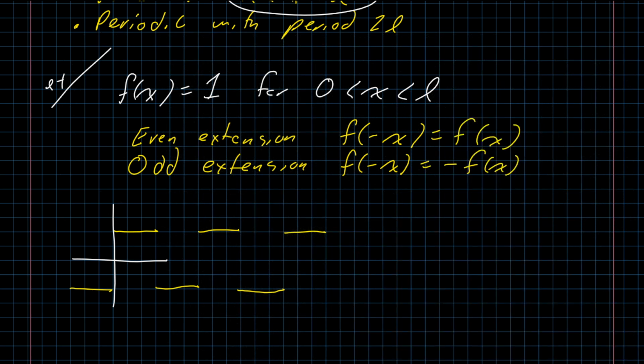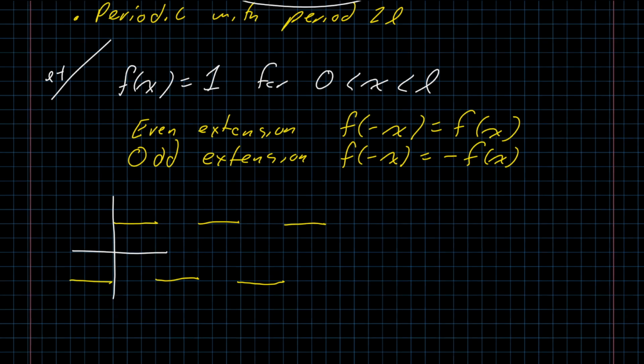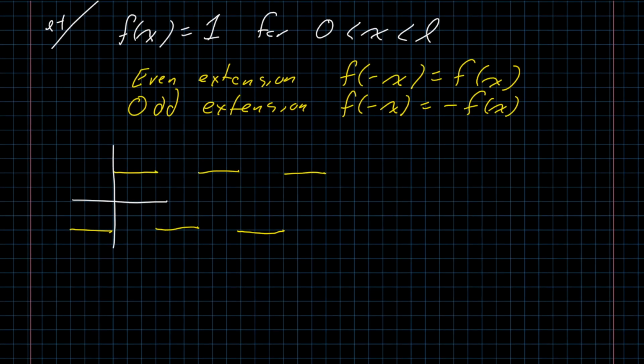First, I need to figure out a way to write out this odd extension. I can't just say it's the odd extension of f of x equals 1, but maybe I can put something a little bit more clear into this. Well, between 0 and L, I got out the value of 1. And for the sake of being able to do some calculations, let's pick a value of L. How about 2?